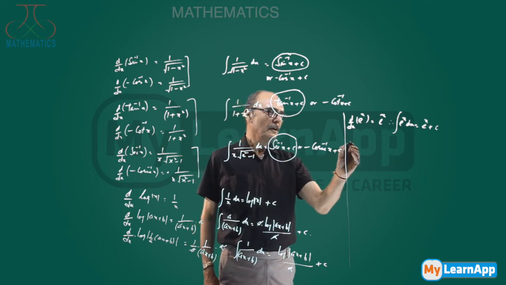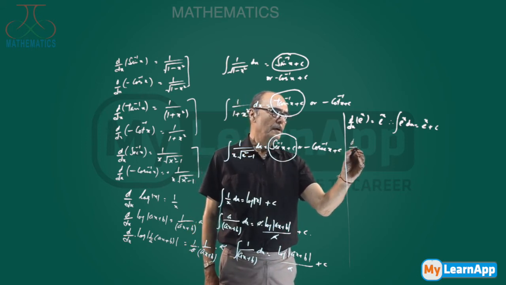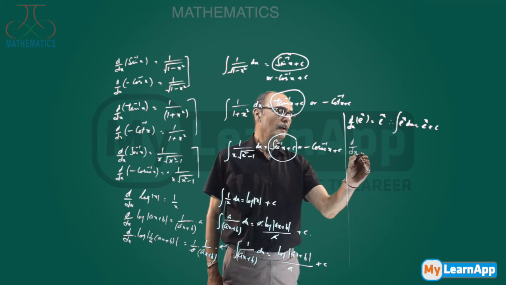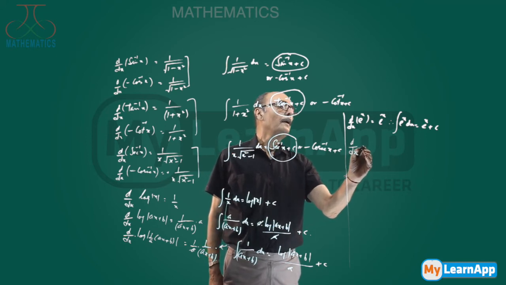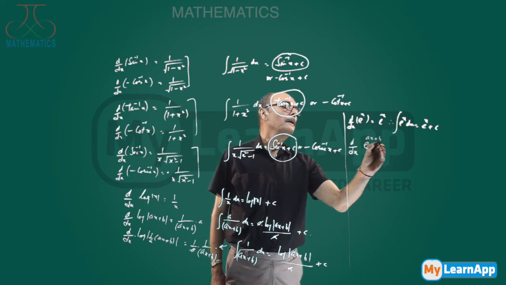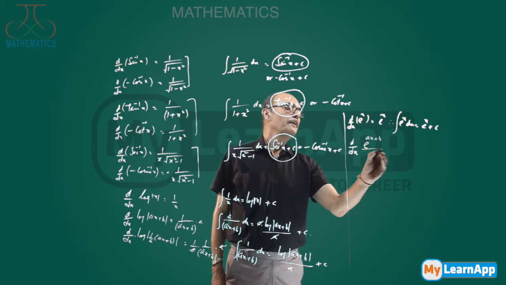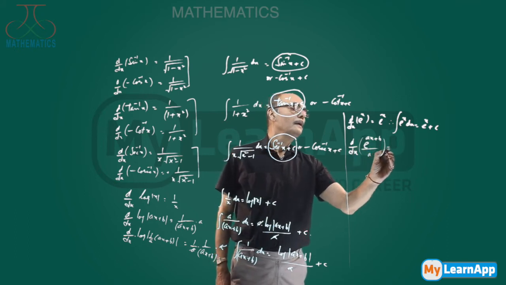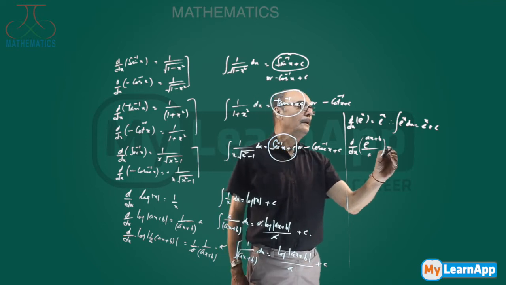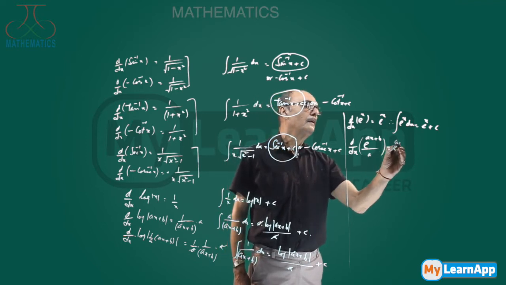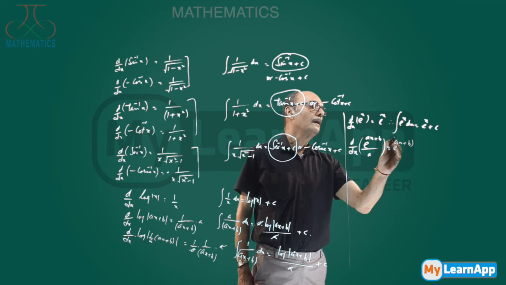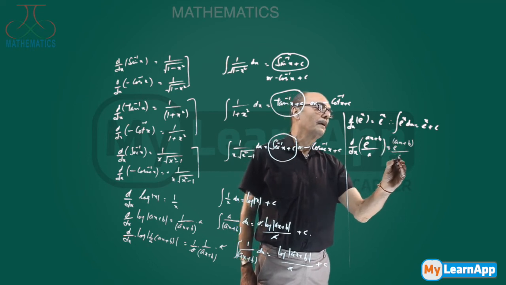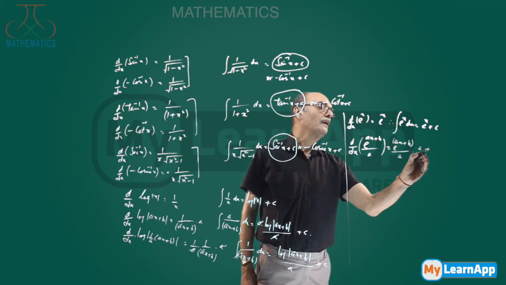If it is d upon dx of e raised to power ax plus b divided by a, so this will be e raised to power ax plus b, a into a and a cancels.